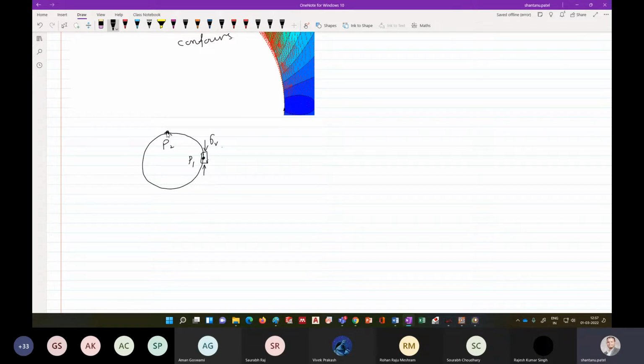If I want to know my tangential stress at P2, which contour do I need to see? Horizontal stress, right? Because if I see the vertical stress here, this will be 0, right? You just see that.